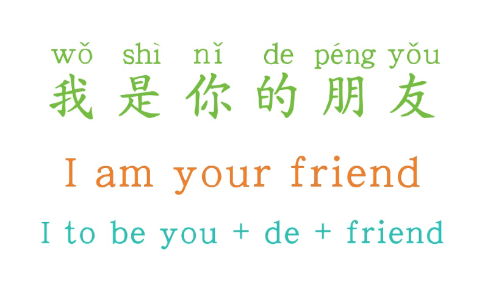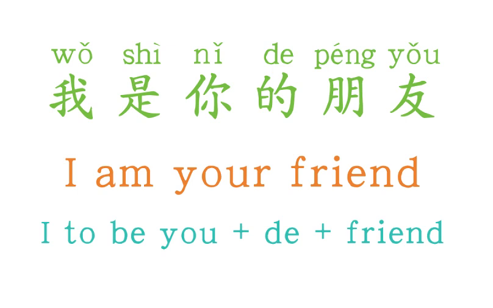I, to be, you, possessive marker, friend. This is the order in Chinese. 我是你的朋友. I'm your friend.